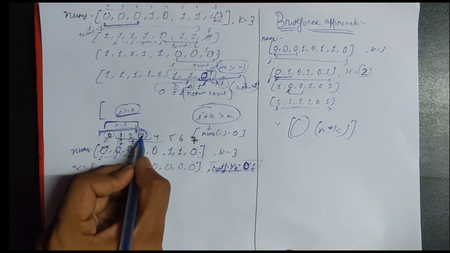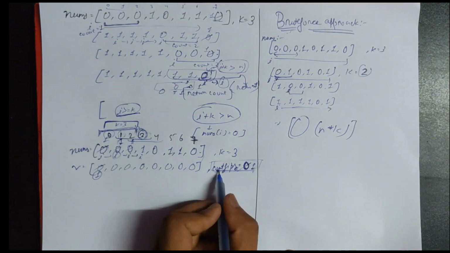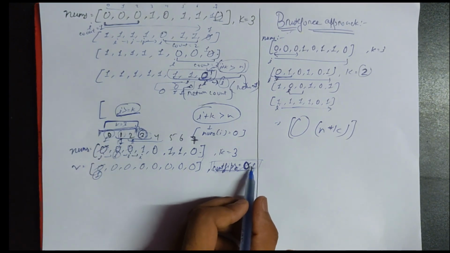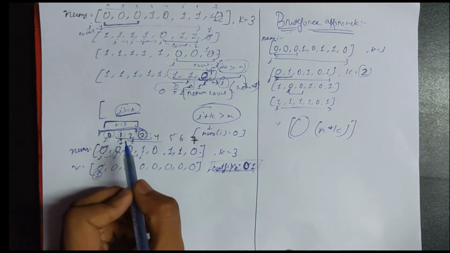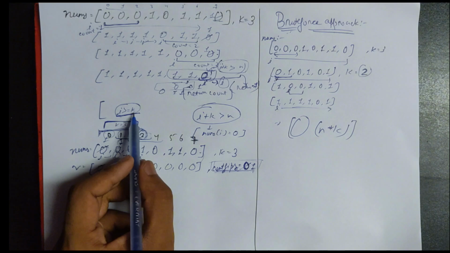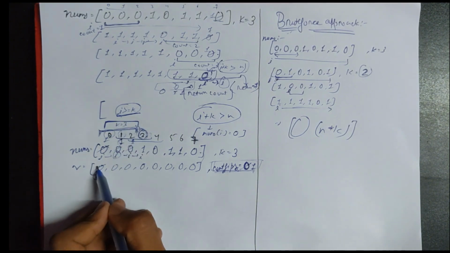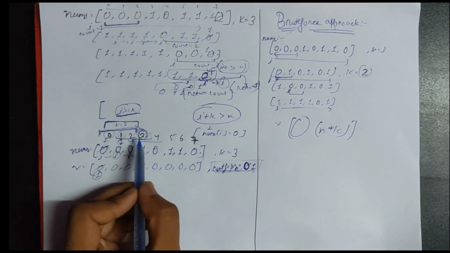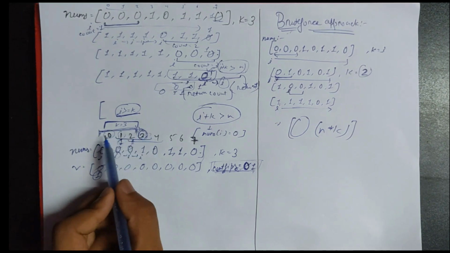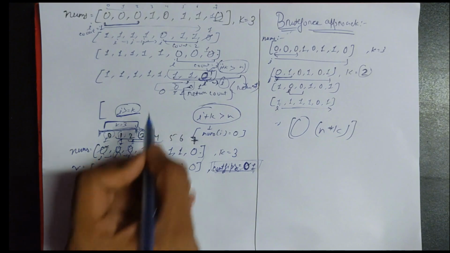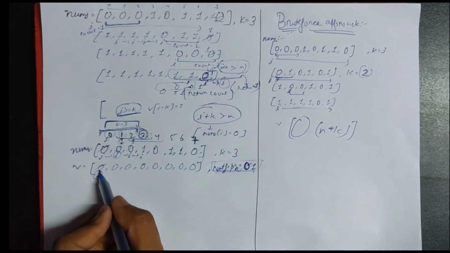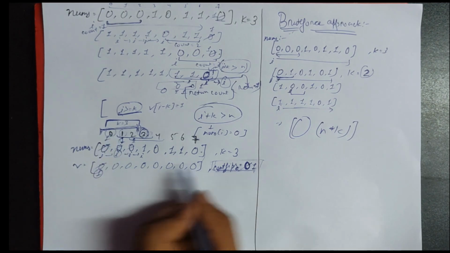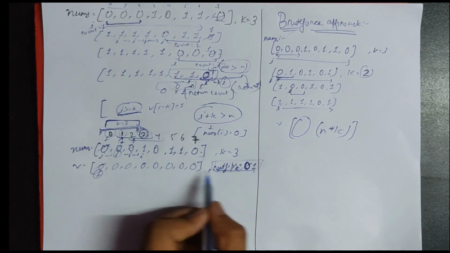So this value was not toggled at this point, but the value of count flips is 1 here, so we will assume that this value is toggled. So what we will do is check if i is greater than or equal to k and the value at i minus k. 3 minus 3 equals 0, and if the value of v of i minus k is 1, which means this value was toggled, so count flips was incremented here, so we have to decrement the count flips.